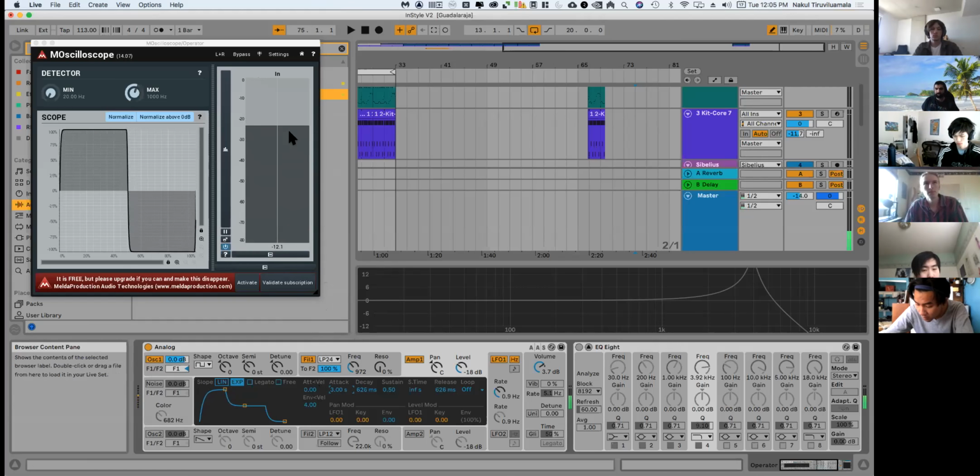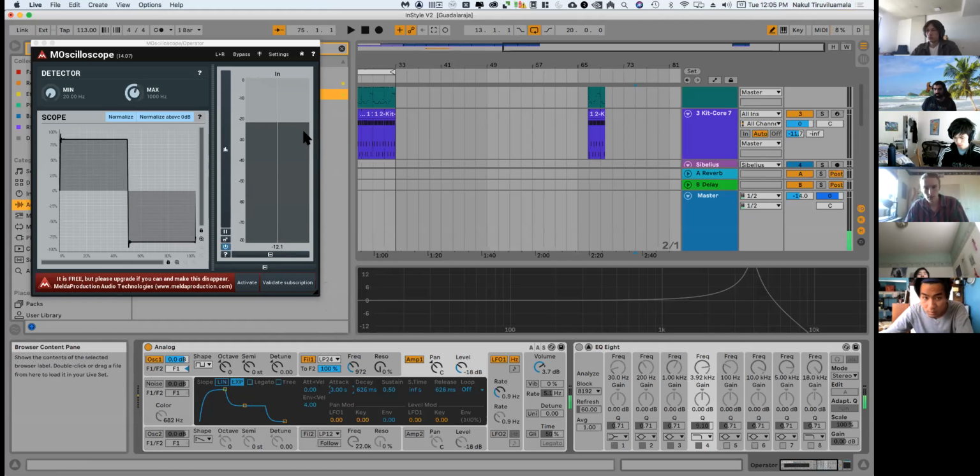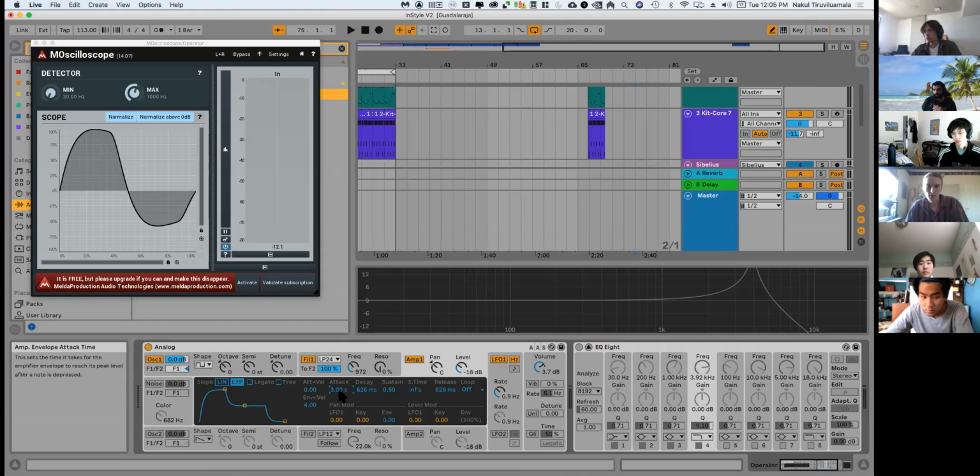1 Mississippi, 2 Mississippi, 3 Mississippi. It stopped, right? After 3 Mississippis, it stopped, and then it actually ducked down, right? So let's do that again. 1 Mississippi, 2 Mississippi, 3 Mississippi, and then it sustains at this value. You understand what's going on there? Let's do 5 Mississippi.